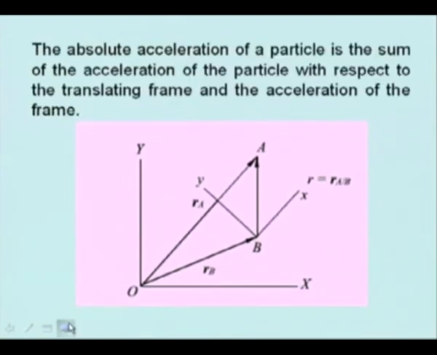Thus the absolute acceleration of a particle is the sum of the acceleration of the particle with respect to the translating frame and the acceleration of the frame itself, because A B is the acceleration of the origin of the moving reference frame.